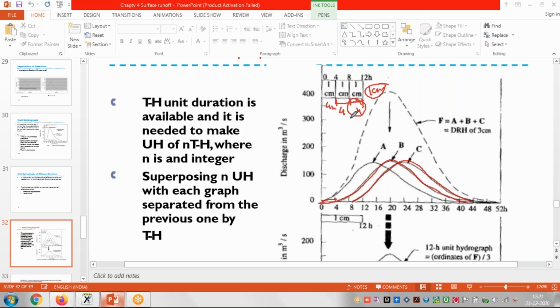This first hydrograph is A, this one is B, and this peak is C. We have to superimpose, meaning add the ordinates of A, B, and C. We add A plus B plus C, then we get this big hydrograph.